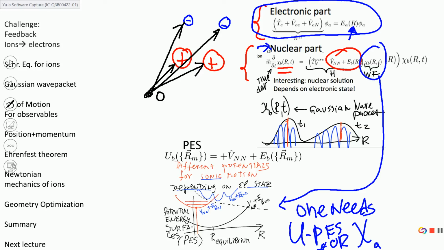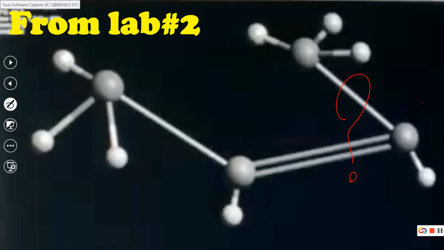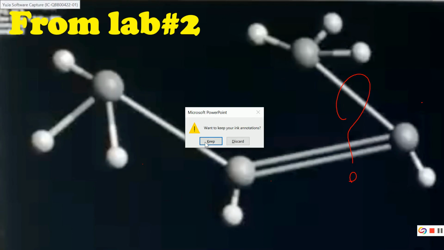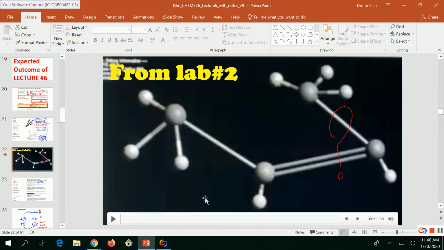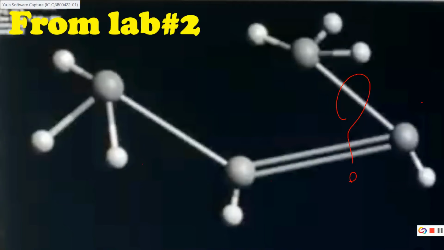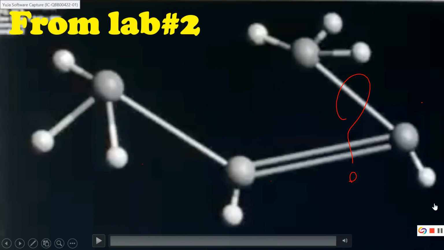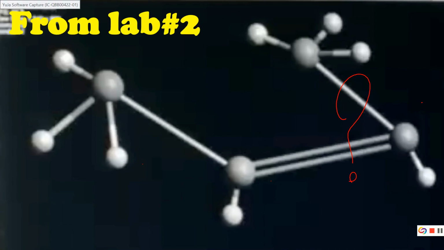The nuclear wave function will have some shape, typically just one hump with a lot of fringes. All the things about nuclear degrees of freedom, expectation values, molecular dynamics are needed to complete one very basic and standard procedure, geometry optimization.